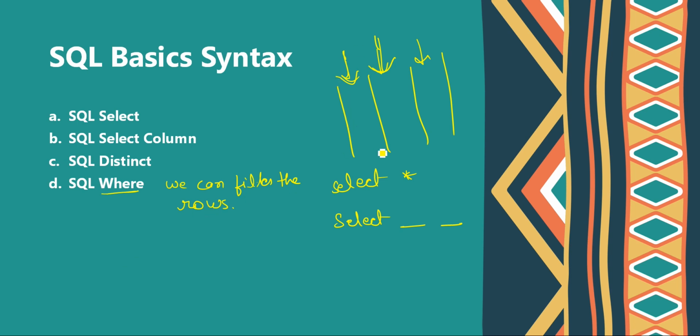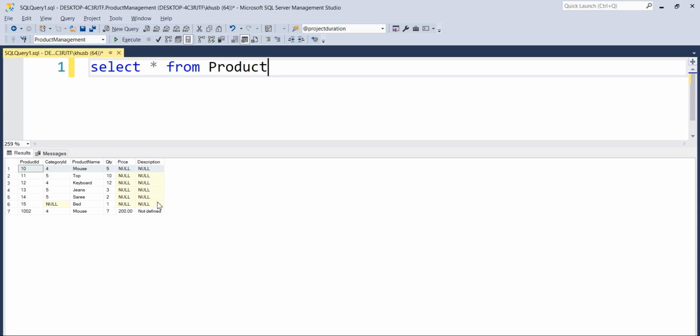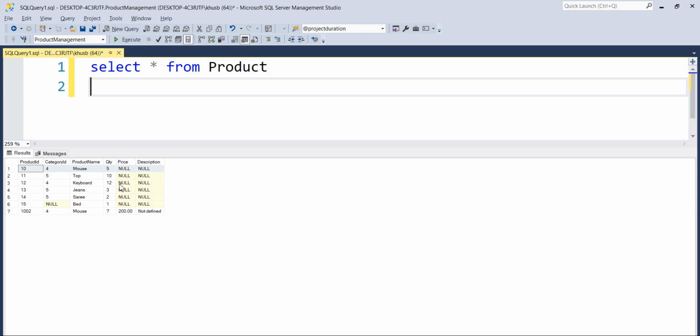Until now we have only filtered the columns name. If I want all the columns, I will select star. If I will separately write the column name specifically. But where clause is basically used to filter the rows. So let's say I'm only interested in this product called mouse. So how I can write?